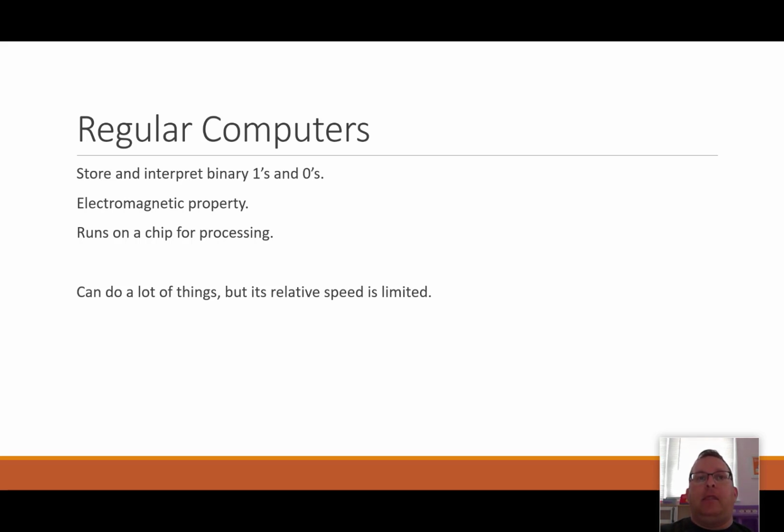With that being said, the fundamental basis of electronic digital computing is the ability to store a binary value of 1 and 0. A binary value of 1 and 0 can be a little electrical charge or impulse, and it opens and closes gates based upon its property.